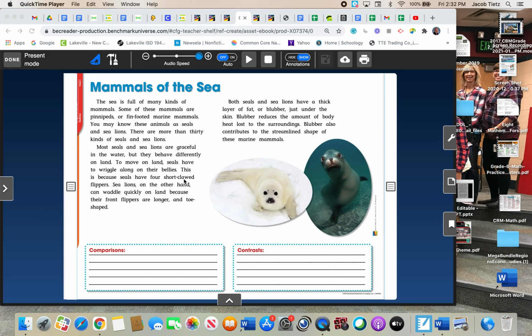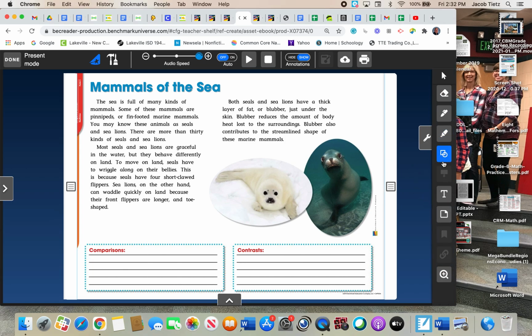So let's take a look here at the comparisons. Some signal words for comparisons are both, all, also, most, and too. So let's get ourselves a text box here. And we'll do red, that's fine. Put that right here.